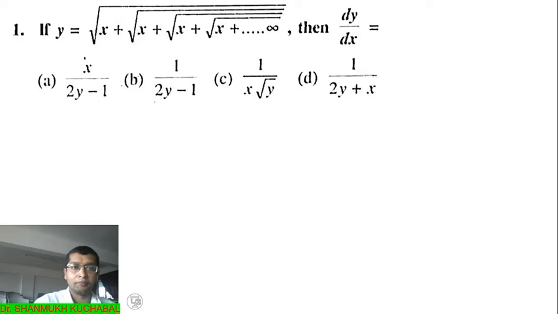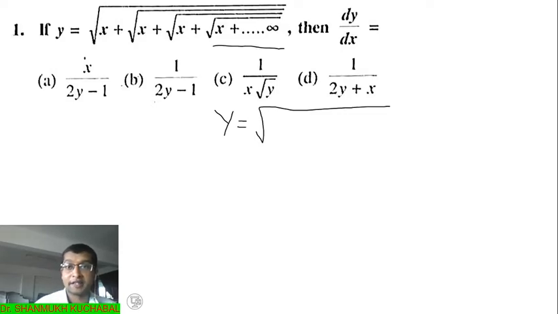Many times this example has appeared: y equals the square root of x plus root x plus, like that, infinitely many terms. This sequence has appeared, and we have to find the differentiation of this.